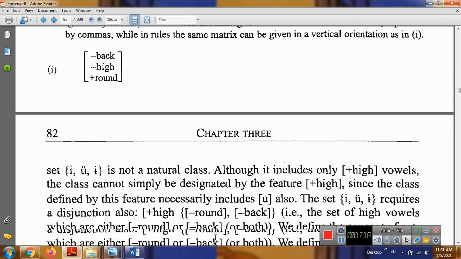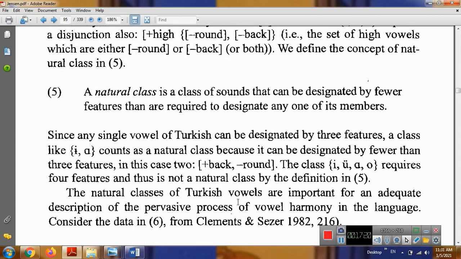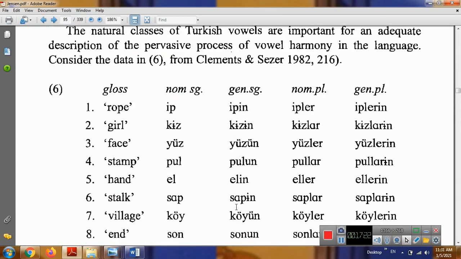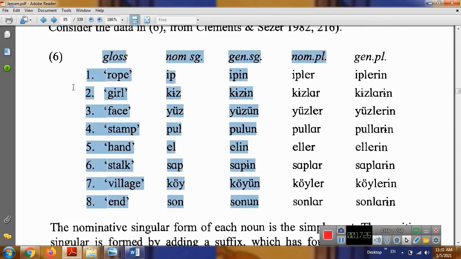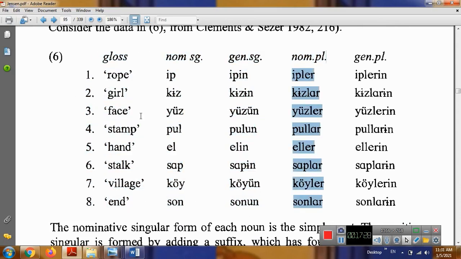Okay, I want to check another data point at the final row, at the final column. Here we have a genitive plural form of the word. Ip is the singular form of that word.